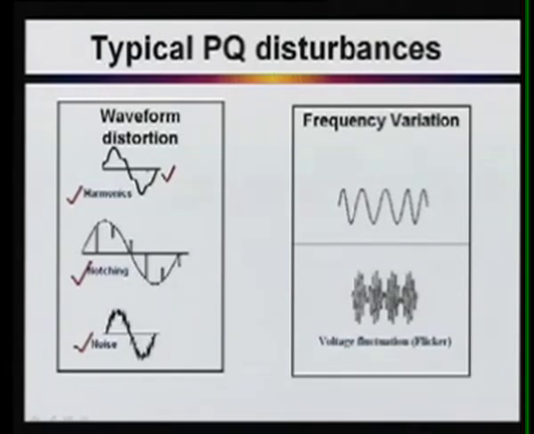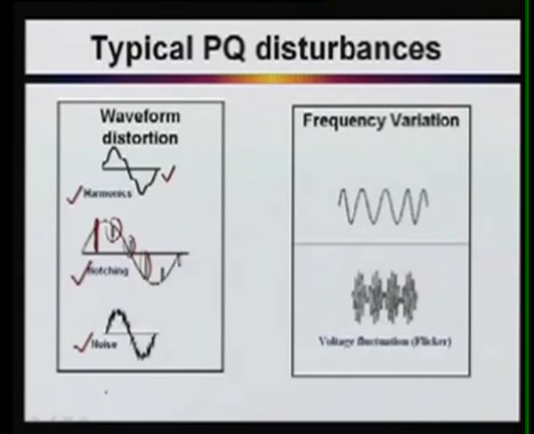If there are notches, here you can see this is a perfect sinusoidal, but there are certain notches, some sudden dips. Like here you can see. These are basically called notches, and those are also not required. The third type of waveform distortion is when your supply has noise.